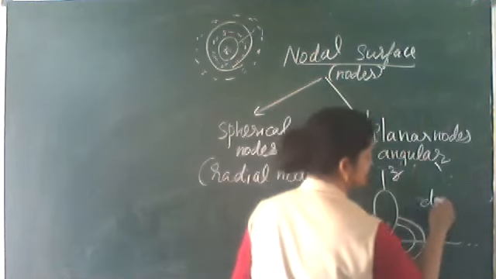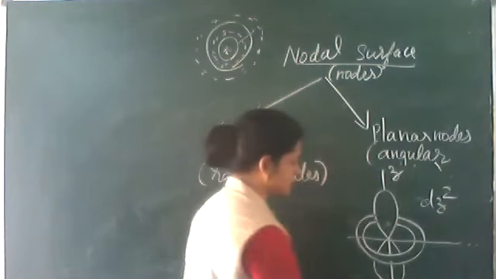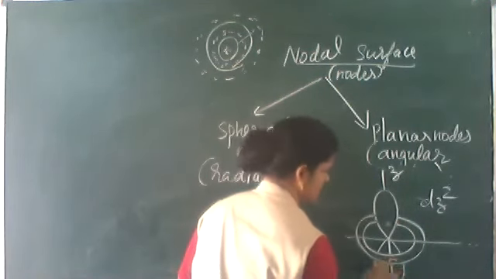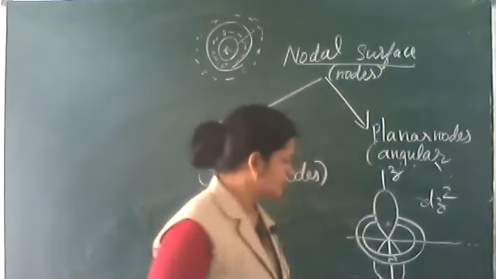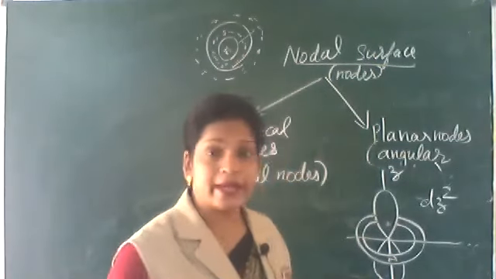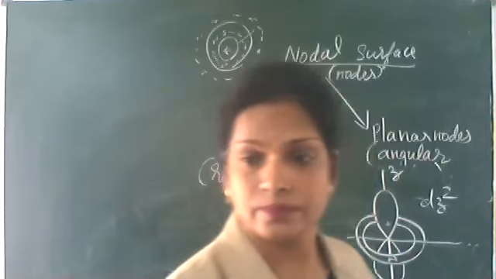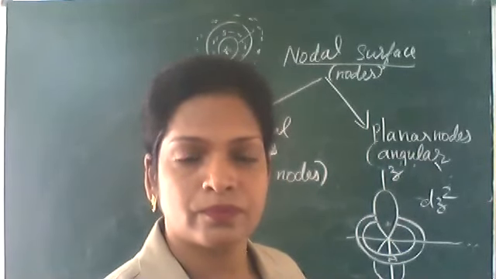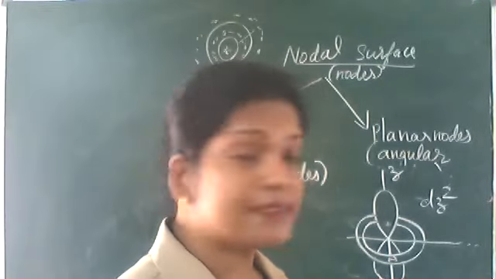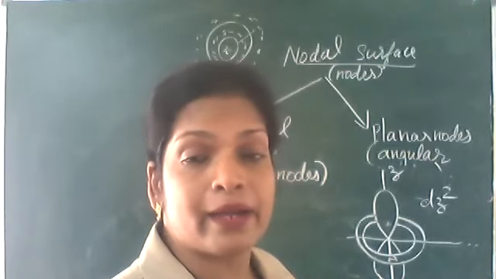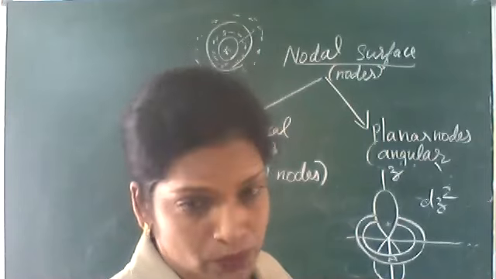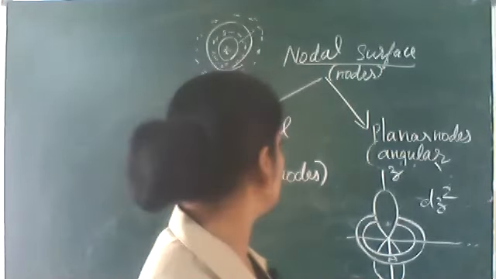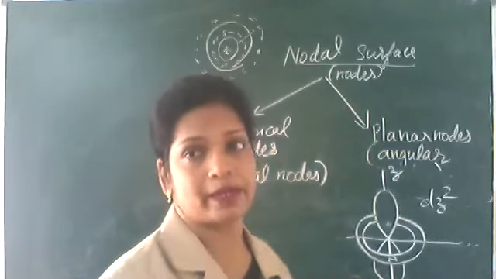This is dz square. In dz square, there are no angular nodes. So dz square has no planar nodes. Total number of nodes is equal to spherical nodes plus planar nodes.